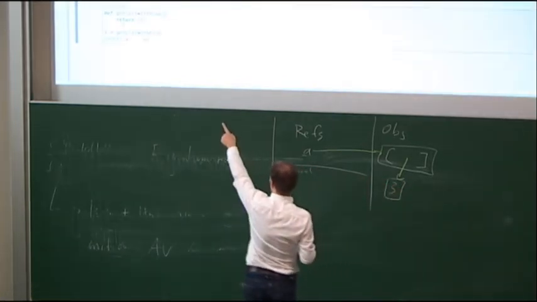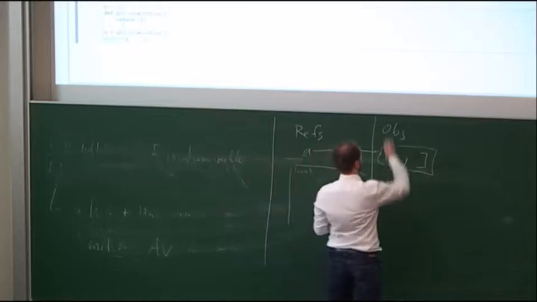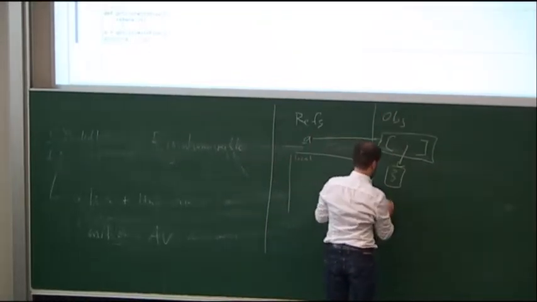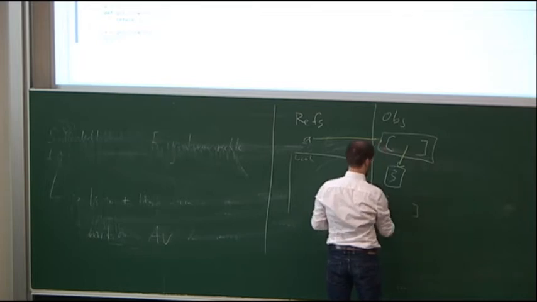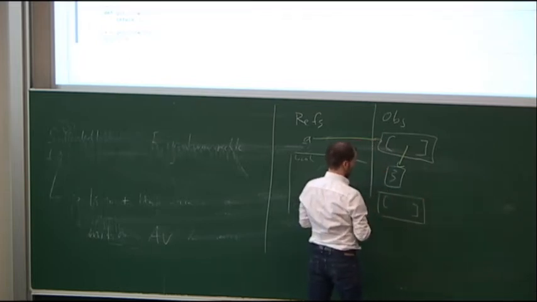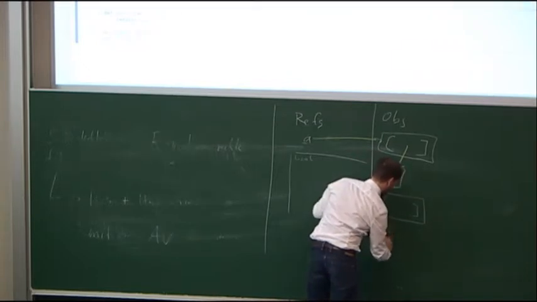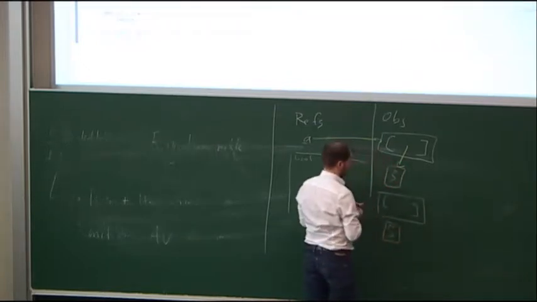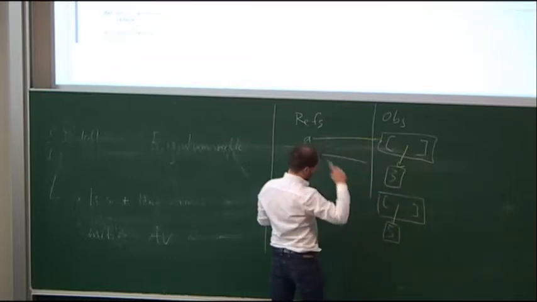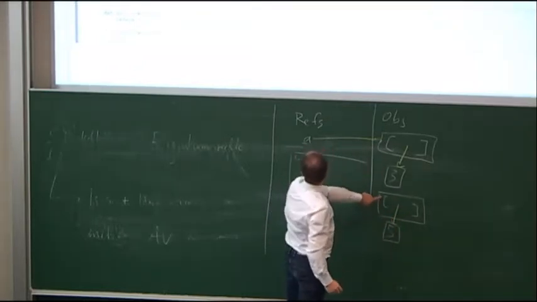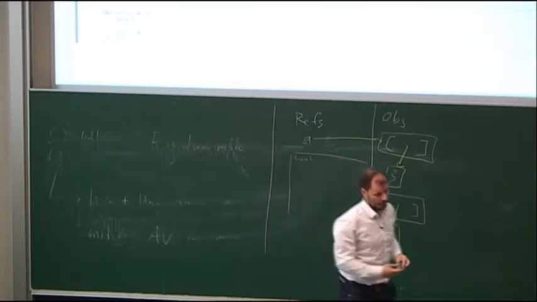And instead, what the function does, it creates a new list with one element, which is 5. And then it returns this list to the caller. So it says return this list.